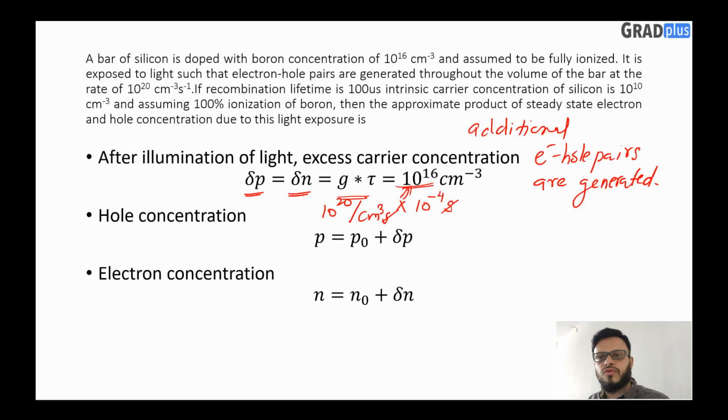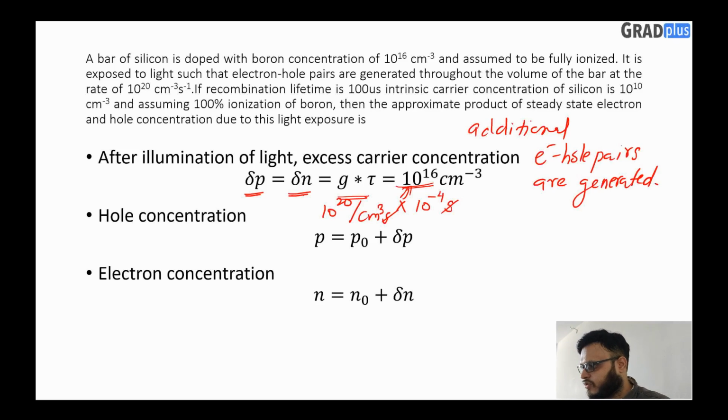That is the value of holes and electron pairs getting generated. Now what is the new value of hole concentration or electron concentration?